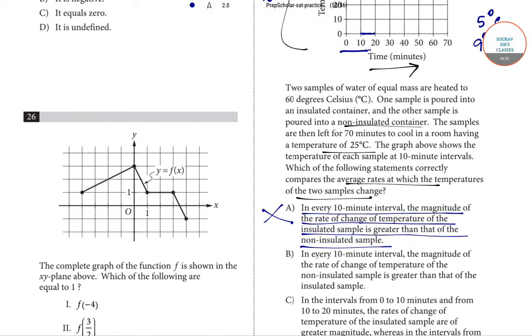Similarly, option B says that in every 10 minutes interval, the magnitude of the rate of change of temperature of the non-insulated sample is greater than that of the insulated sample.